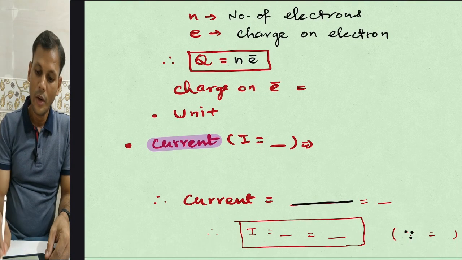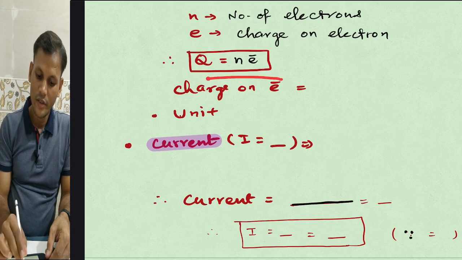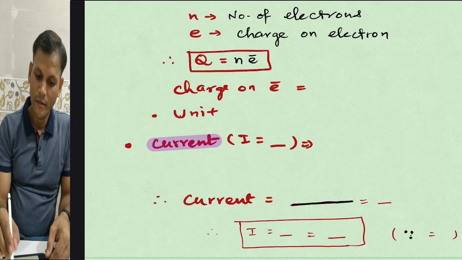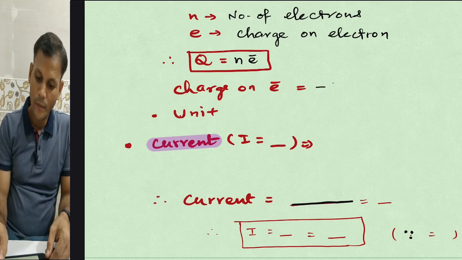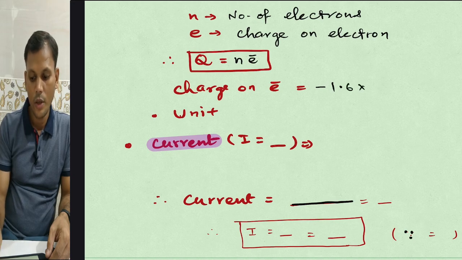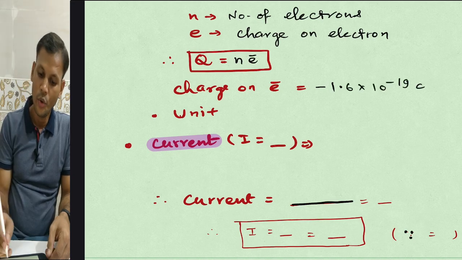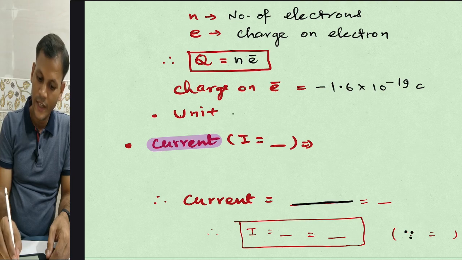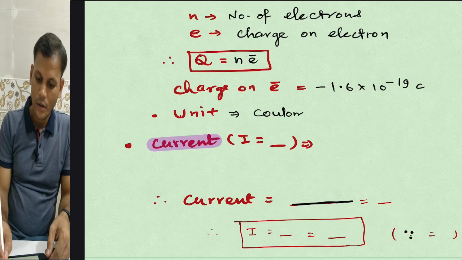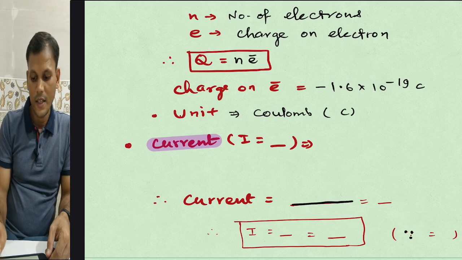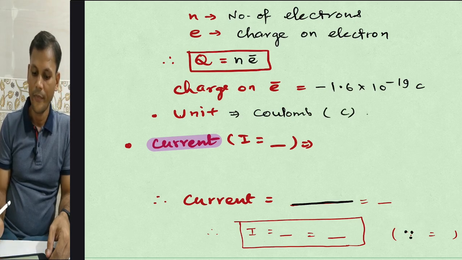And we know what the charge on an electron is: minus 1.6 into 10 raised to minus 19 coulomb. The unit of charge is of course coulomb, and it is represented by C.